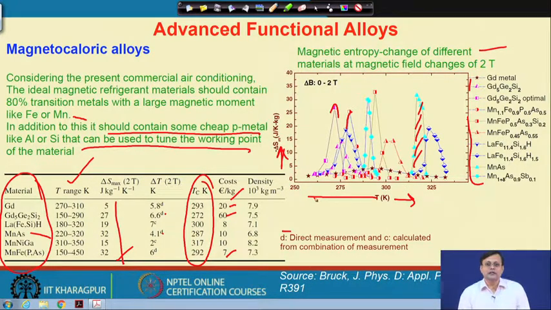One clever idea would be to prepare materials with very close or nearby Tc, where the peak of this entropy change can be achieved, and to make a cascade of those different plates and pass the fluid, so that the net cooling effect will be much larger.